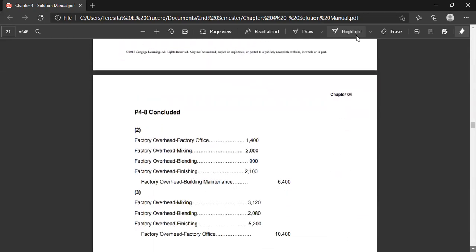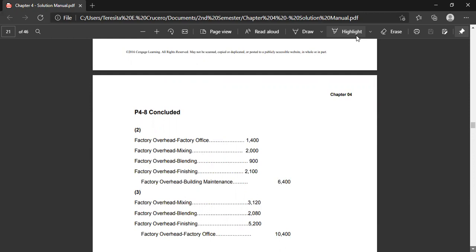Then, second, we have now the allocation of the cost of factory overhead building maintenance using for the 7 data. So we now debit factory overhead, factory office, factory overhead mixing, factory overhead blending, and factory overhead finishing.